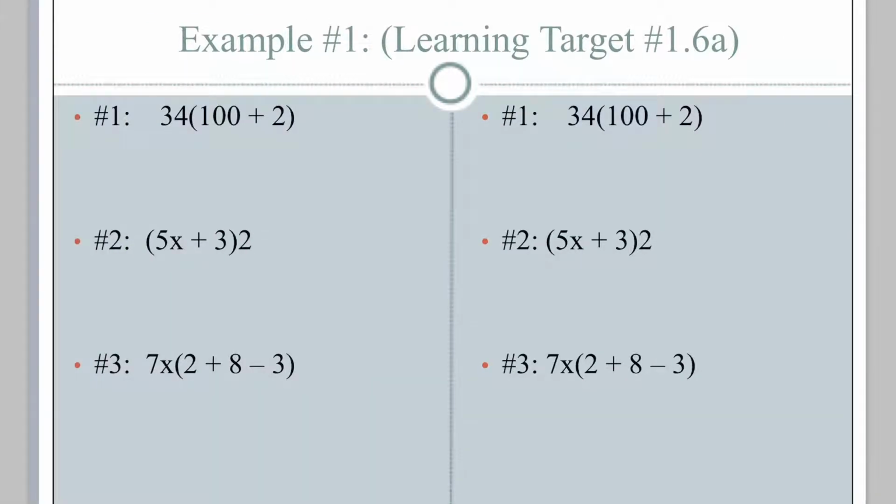So example number 1, highlighting learning target number 1.6a. Looking at this first example, what we can see is that we have an instance where we can simplify this expression. I'm going to work it two different ways on purpose. The first way, I'm going to work it in order of operations.